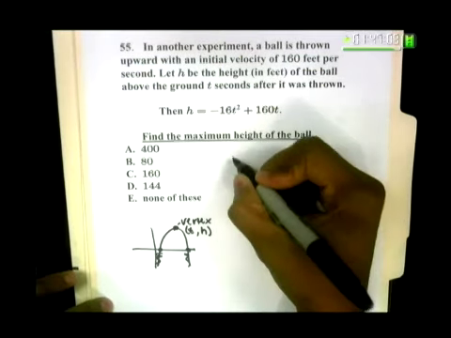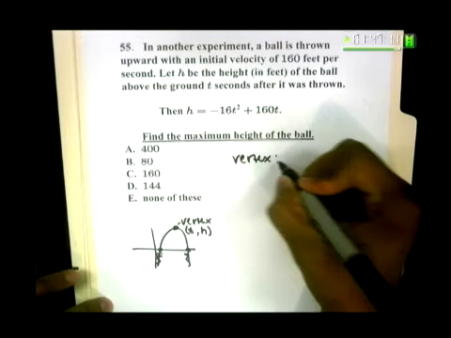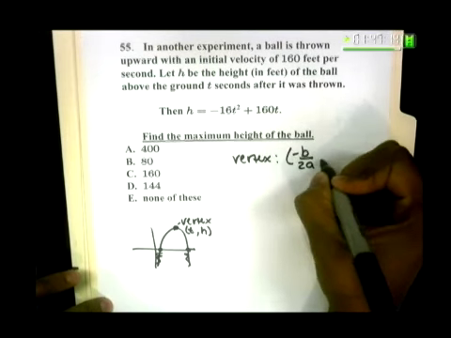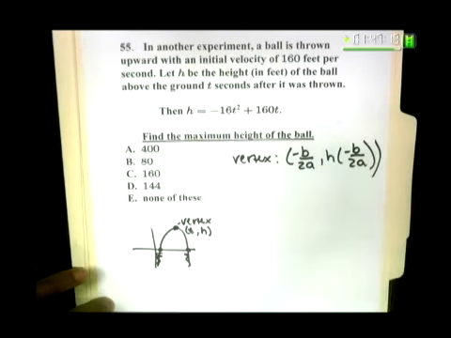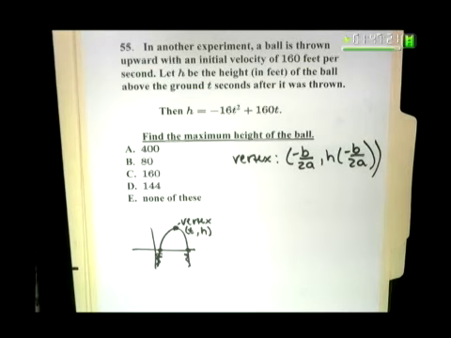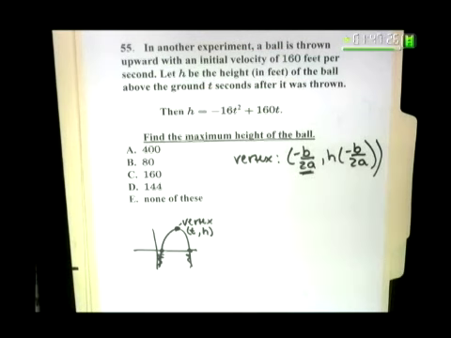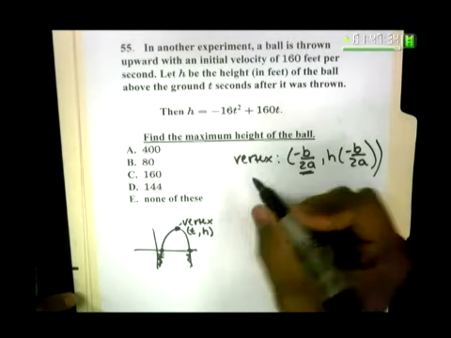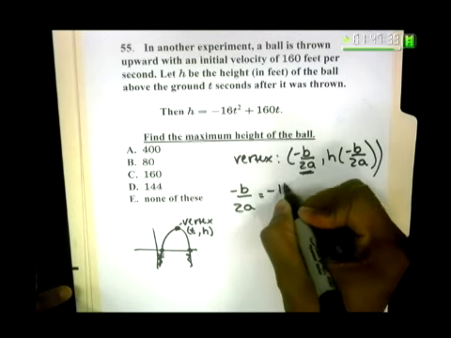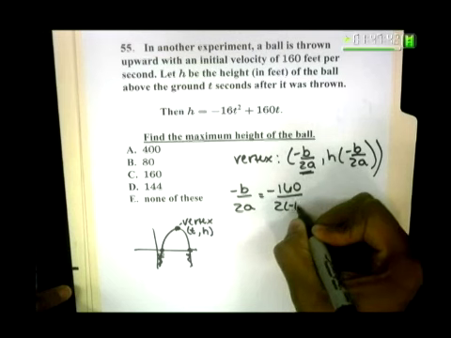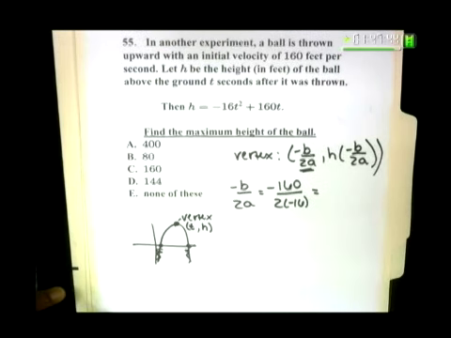So find the maximum height. You want to pay attention to definitely the directions too. All right, so we're going to use the vertex formula. In this case, it would be h of negative b over 2a. So we'll still need to find t, or the x-coordinate, and then substitute it back into the equation to find the h, or the height. So negative b over 2a equals the x of the vertex.